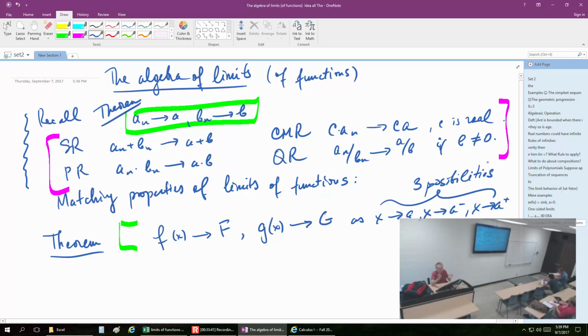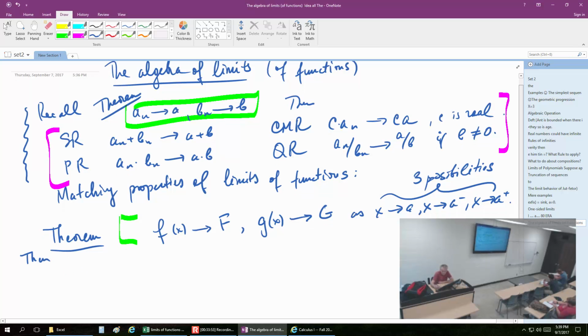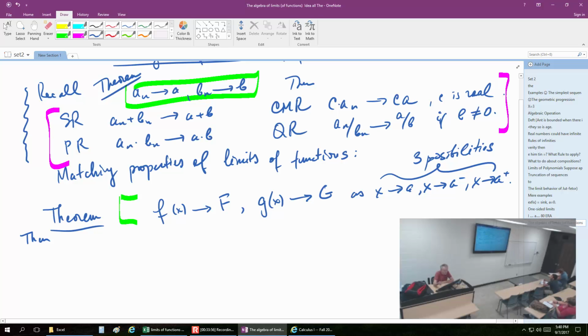So two-sided and one-sided. Okay, so all the formulas will be applicable to each of the 3. Okay, and then we conclude once again the sum rule. Everything is just almost an exact match. The notation is slightly different. So the sum rule is f of x plus g of x.